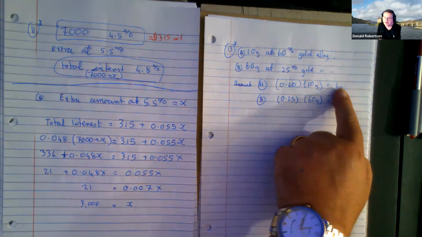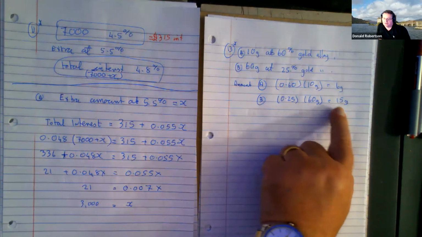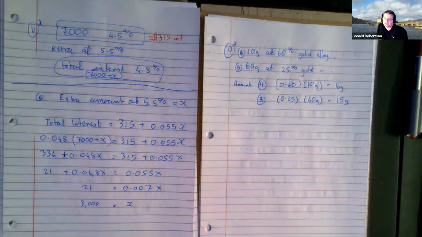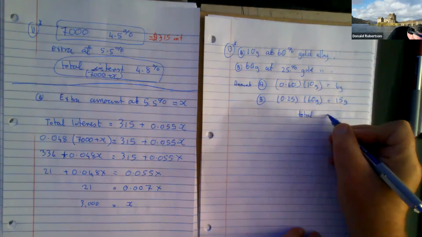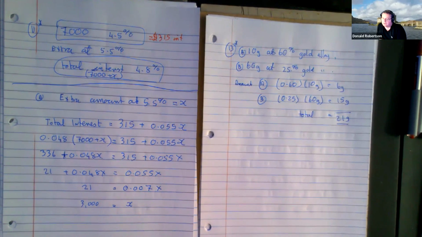You'd get 6 grams of gold and the rest would be some metal you're not really worth worrying about, lead. And then if you did the other one, you get 15 grams of gold and some muck that doesn't have any value. So the total amount of gold, when you look at both of these, is 21 grams. So far, so good?